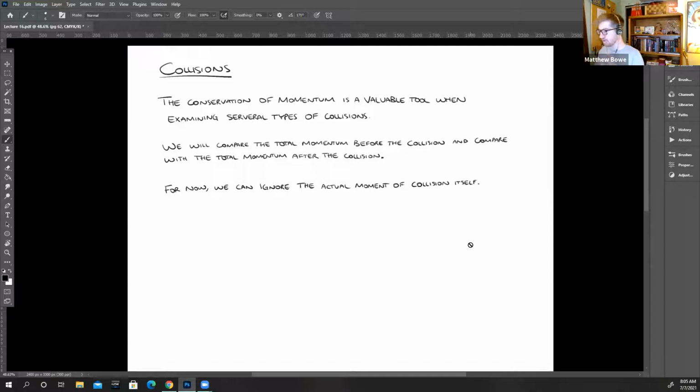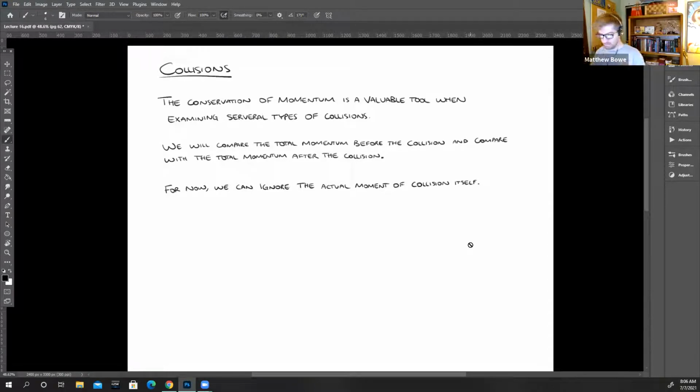We're ignoring that exact moment just for right now. We'll examine that in probably 5 minutes. If we take two snapshots of a collision, there is only before the collision and after the collision.